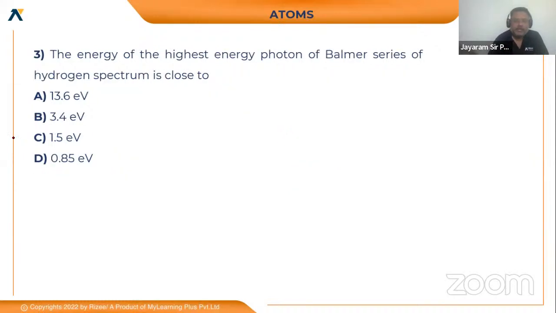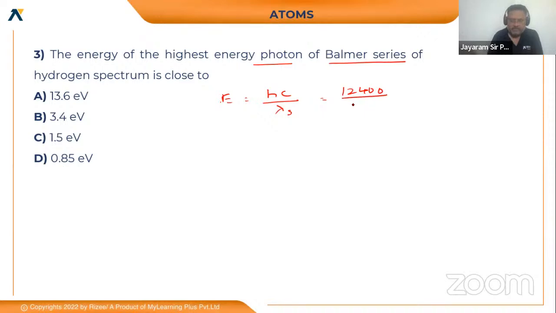Next one, the energy of the highest energy photon of the Balmer series in the hydrogen spectrum. Just now we have written that. What is the highest energy of the photon? Highest energy means the wavelength should be the lowest one. So energy E is equal to hc by lambda, which is 12400 by lambda.